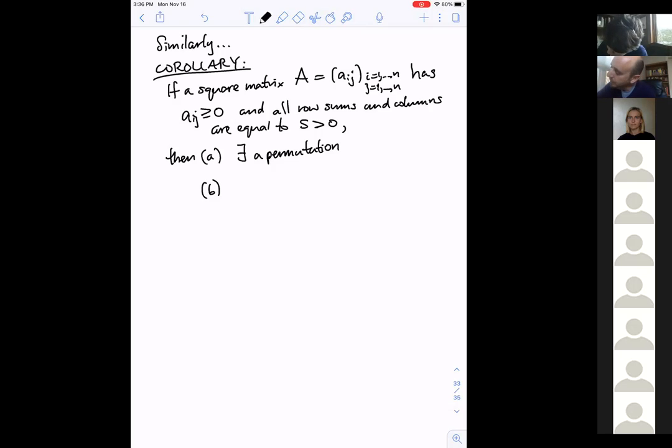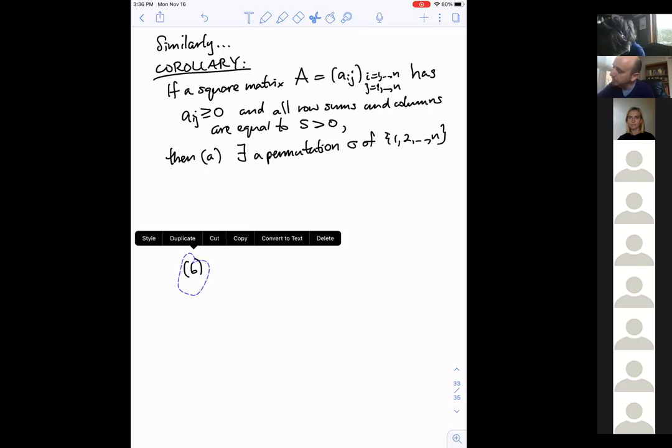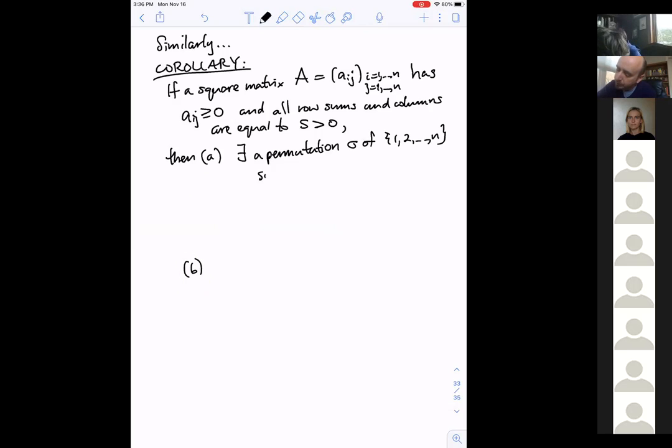There exists a permutation sigma of the numbers 1 through n that's going to tell me which entry in each row and column to take. So write it like this. There exists a permutation so that a_{i,sigma(i)} is actually strictly positive, not 0, for every i. Okay.